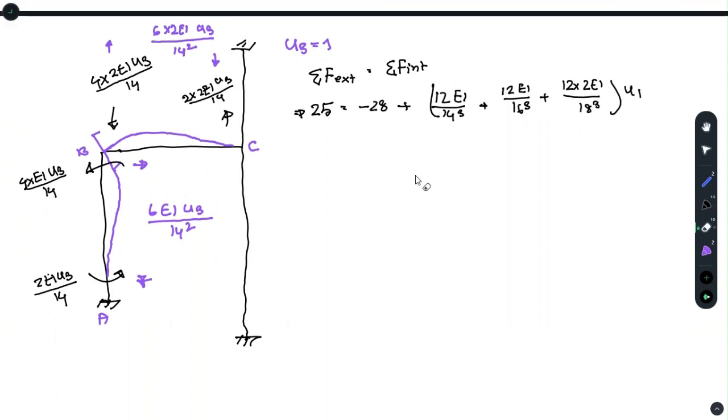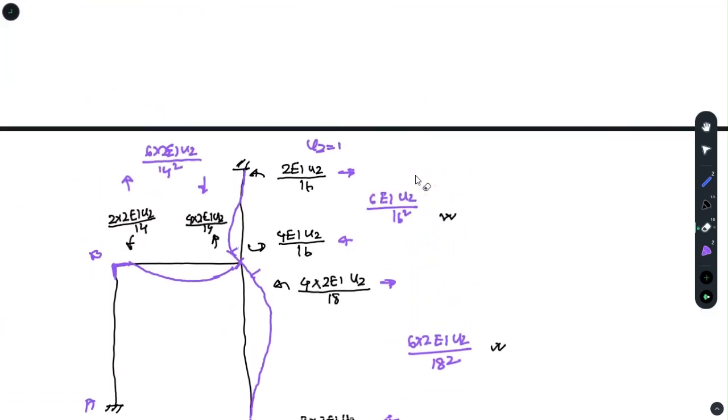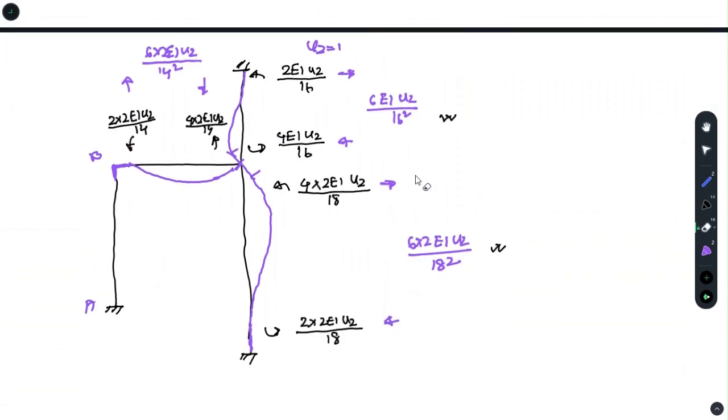So yes, let's find the reactions we got for the application of DOF U2. So we got a reaction of 6 EI U2 over L1 squared. So here it's actually 6, not 12, because for a unit rotation, let's say it has a form like that.